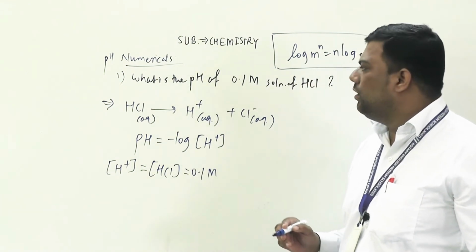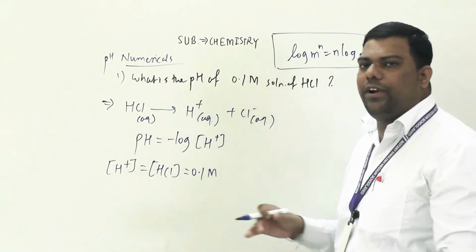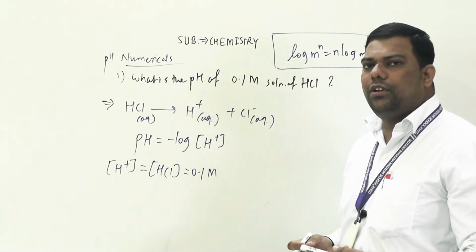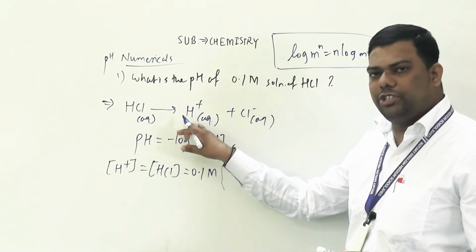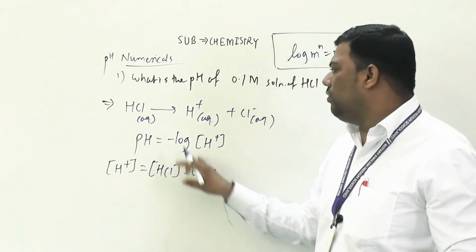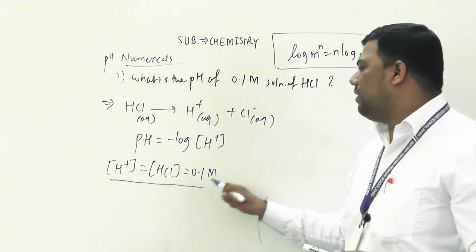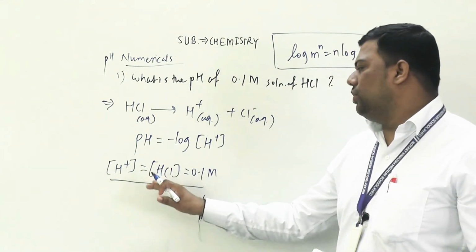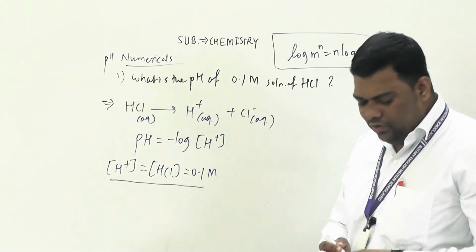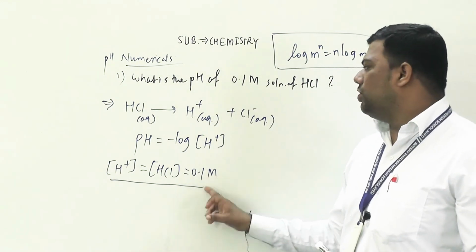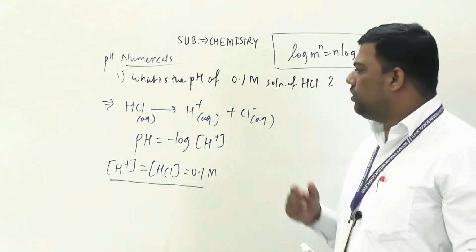Understood? pH depends on the concentration of H plus, so here also 0.1, the same. Therefore I write H plus is equal to 0.1 molar, and then put this in the formula.